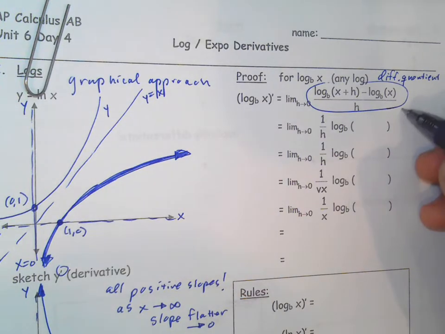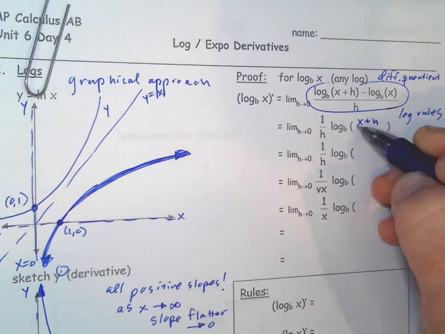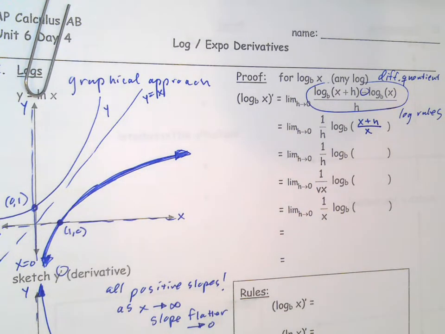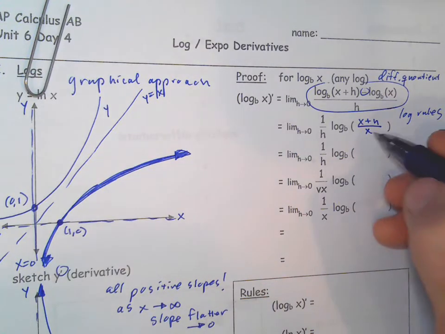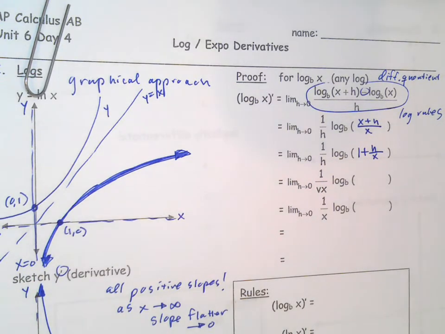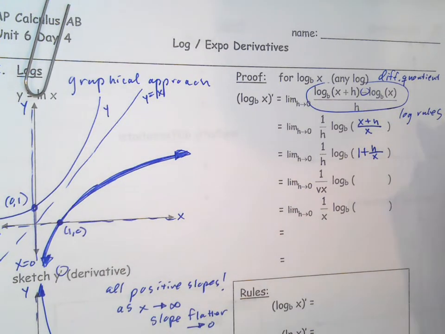Now, if we use log rules, we could combine these two logs into one by dividing. If you have two logs with the same base, subtract, then you divide the second one into the first one. And we could simplify this: 1 plus h over x. We could distribute the division. Now, I'm going to do something a little creative here. So far, everything's been kind of straightforward.